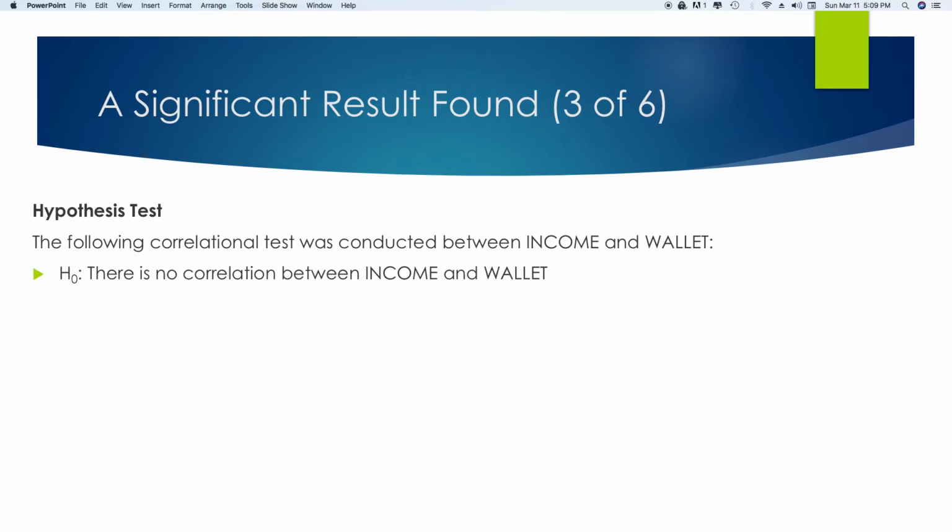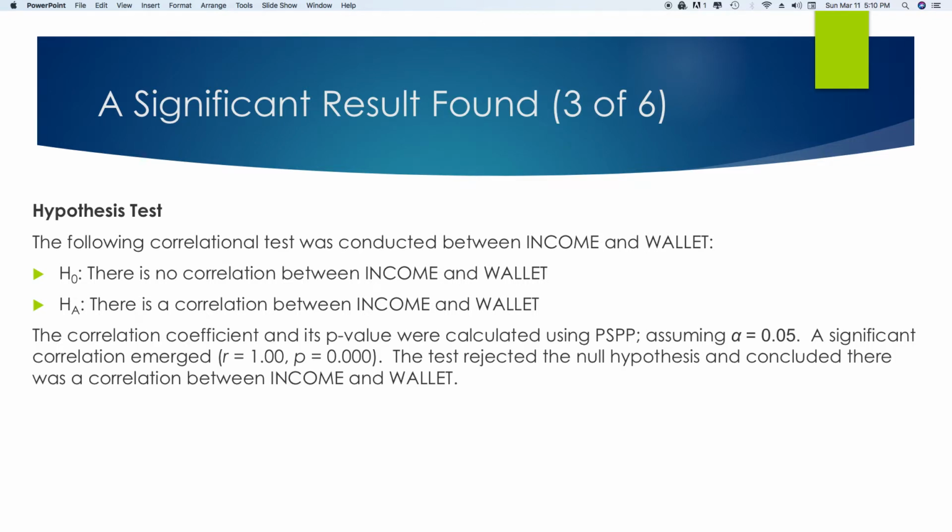Again, the same null hypothesis: there is no correlation between income and wallet. The alternative is the opposite, that we would see a correlation between income and wallet. I ran the bivariate correlation analysis and found that, again, a significant correlation emerged.